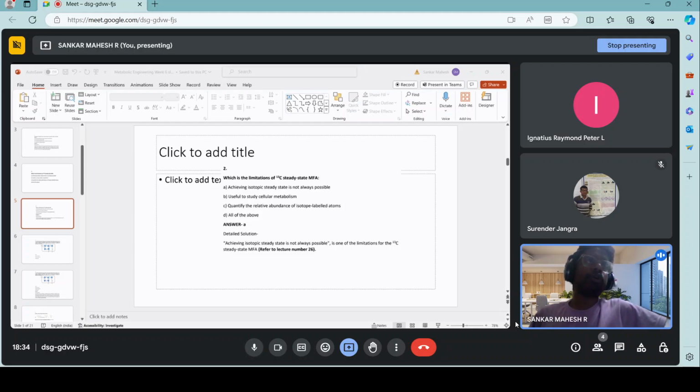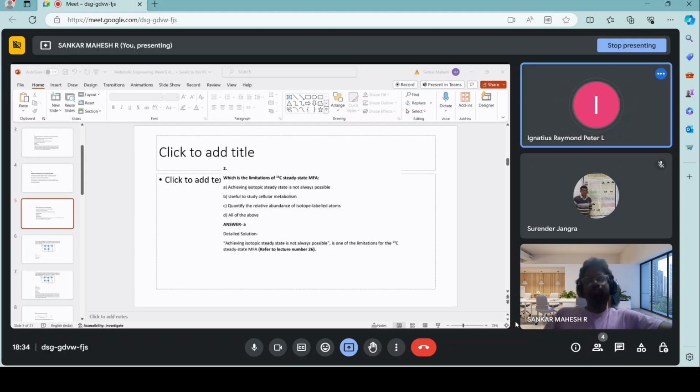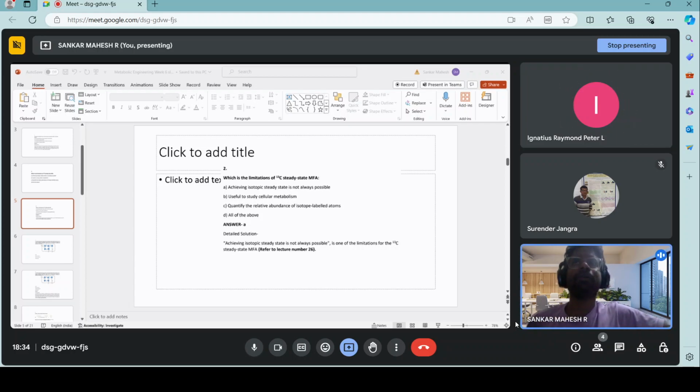But once they go beyond the stationary phase, they won't be replicating, so even if you supply it, it might take it in. There is a fine balance between the growth rate and achieving steady state. So it depends on what growth stage the cell is currently in. That is also another consideration one has to take into account when talking about steady state in microbial cell cultures, apart from the environmental conditions in which the cell is.